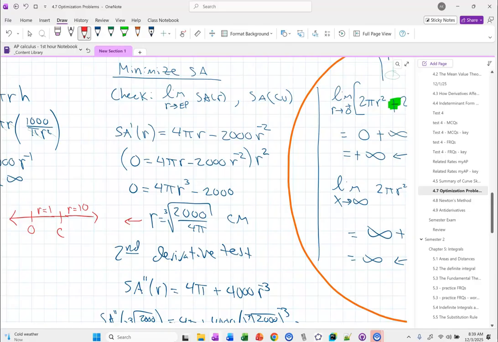So if I plug this into the first derivative, if I plug 1 in, 4 pi minus 2,000 is negative. If I plug 10 in, 40 pi minus 200, or 2,000 divided by 100. Positive, right?